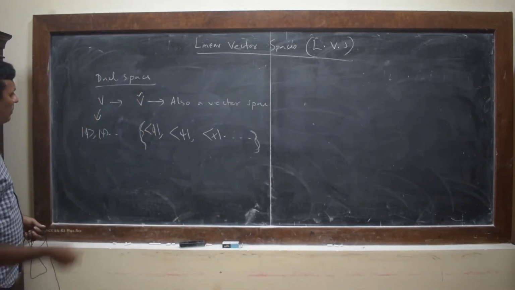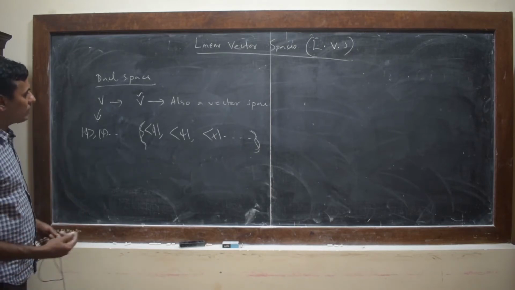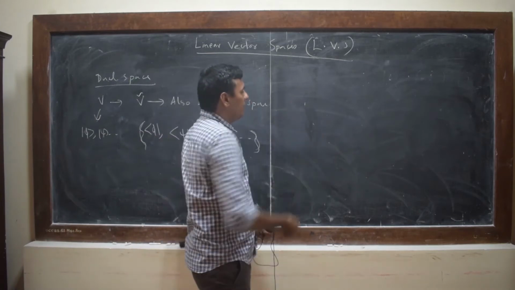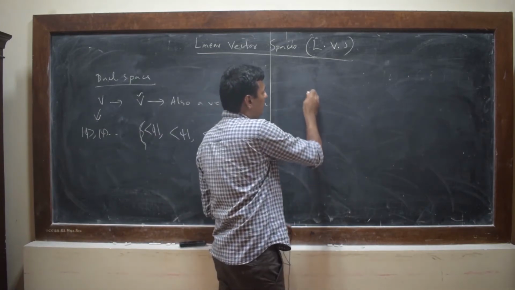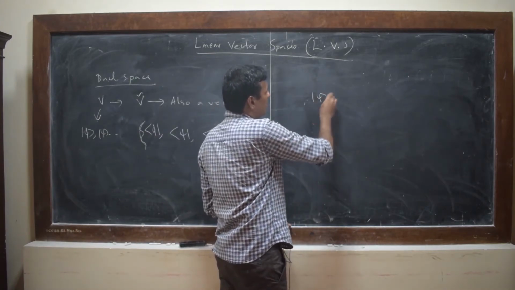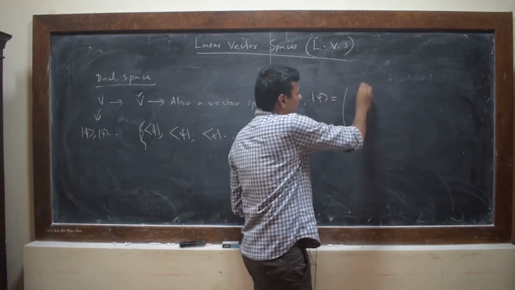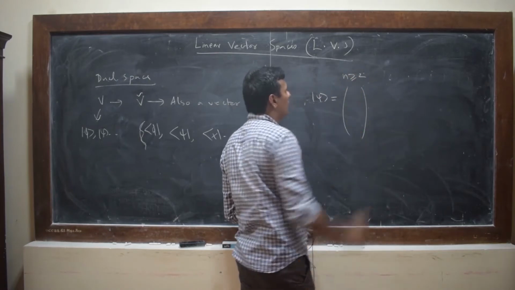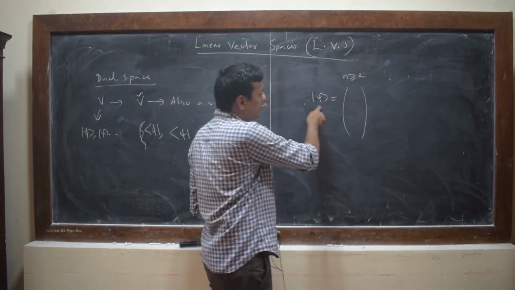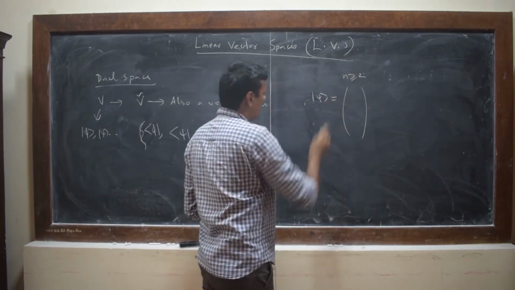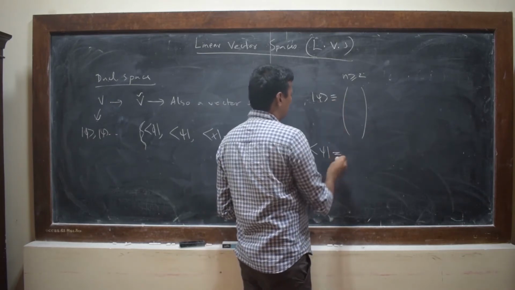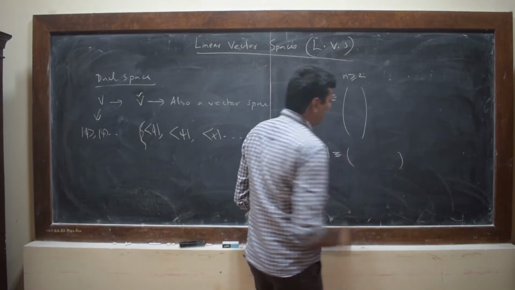So, to get a feel, you can regard the ket vectors as column vectors. If n is greater than or equal to 2, the ket vectors are the column vectors, and the bra vectors are the row vectors.